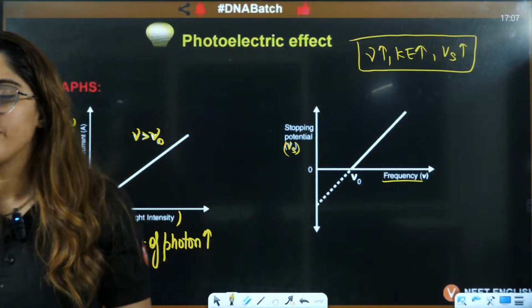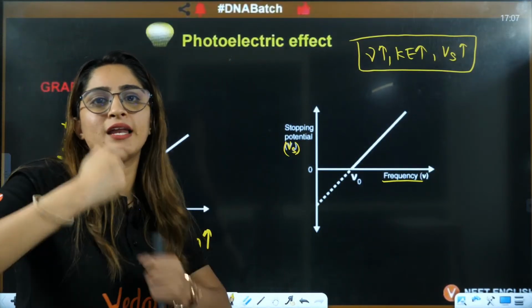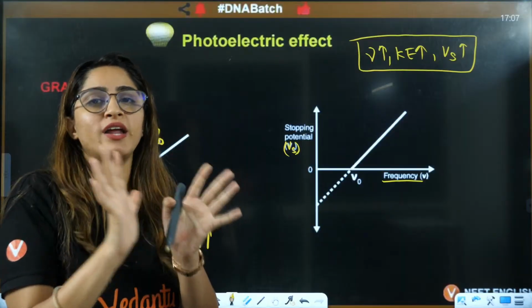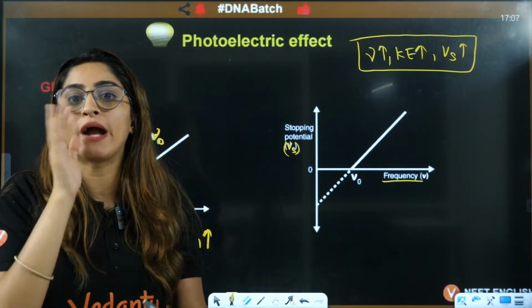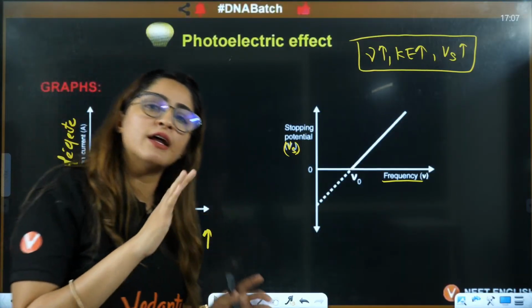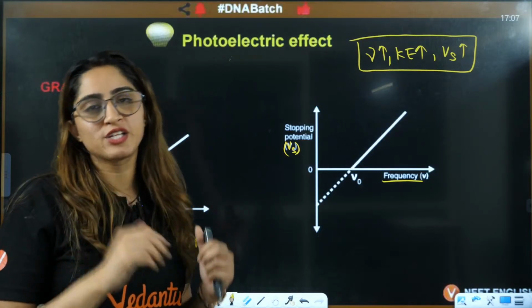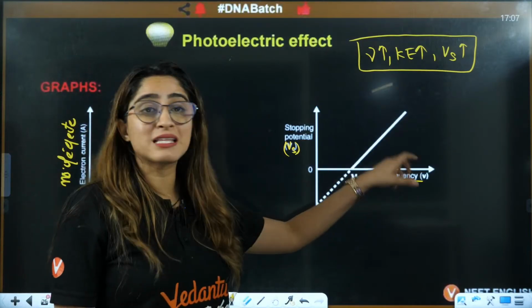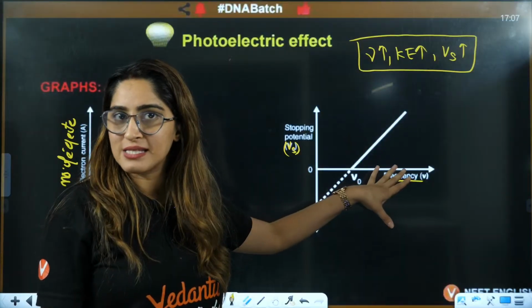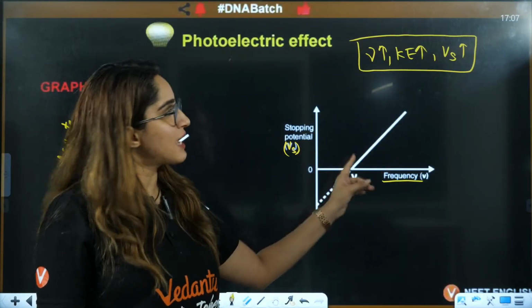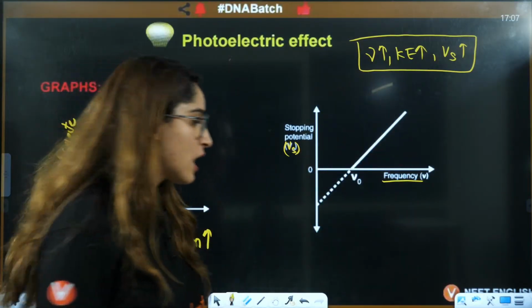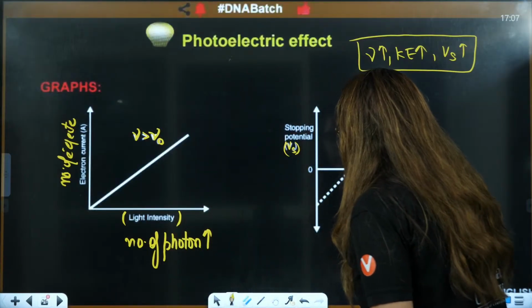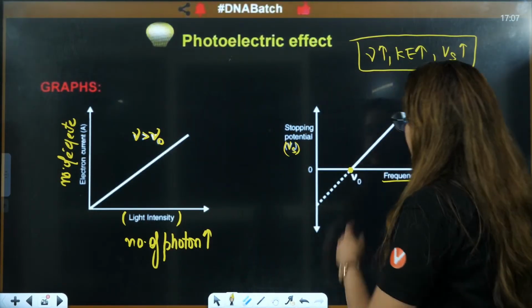Understood? When someone is running very fast, more energy, more potential is required to stop them. If someone is running very slow, less potential is required. So when you increase the incident light frequency, kinetic energy will increase and hence stopping potential will increase. But that is only possible after mu naught, right?